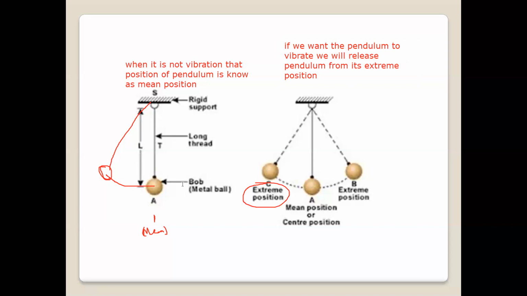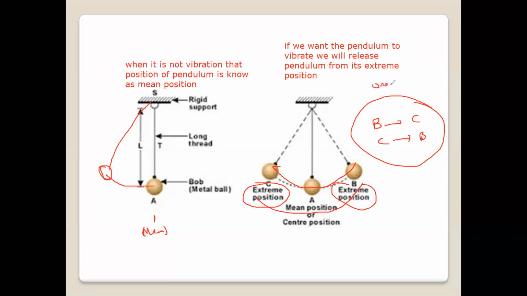A pendulum cannot vibrate at its mean position, so you have to move the pendulum to its extreme position, either A or B, and then release. The moment you release it, it will move from B to A and then to C, and then return from C to A and then from A to B. Moving from B to C and returning from C to B, we call this one vibration.